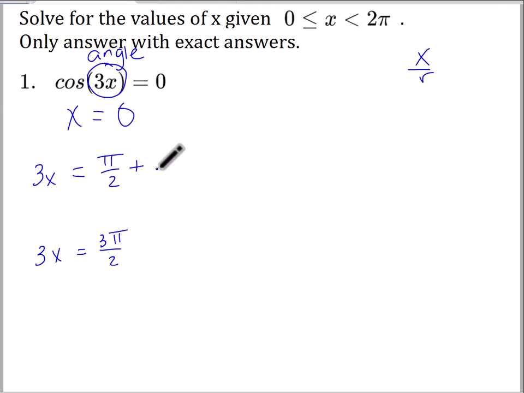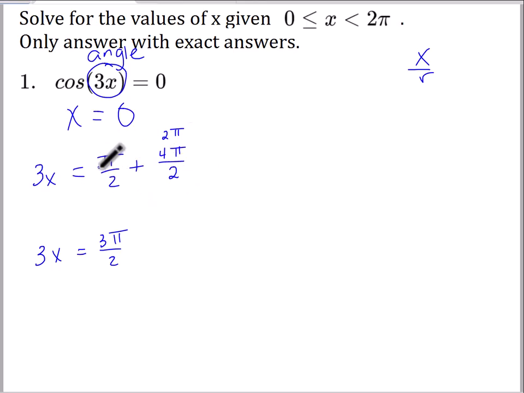And so I need to add 2 pi, but really when 2 pi has a denominator of 2, it's 4 pi over 2. So 4 pi over 2 simplifies to 2 pi, but I need to add 2 pi and get the coterminal angle. Remember, coterminal is just the same angle measure that pi over 2 is, but 1 rotation later.